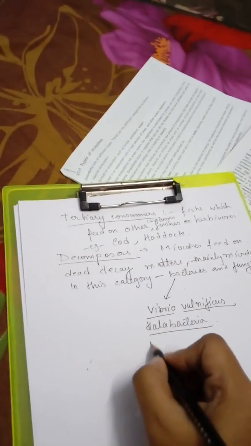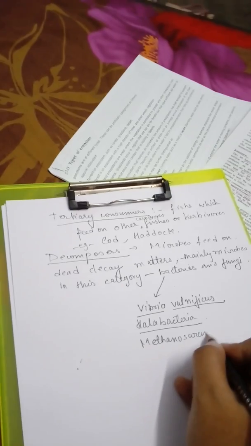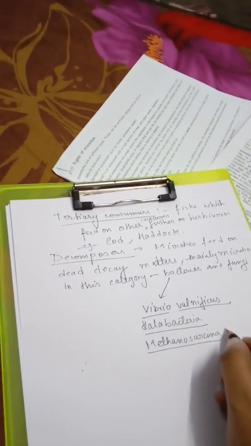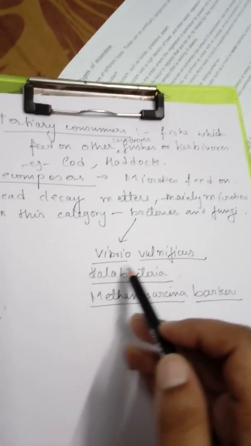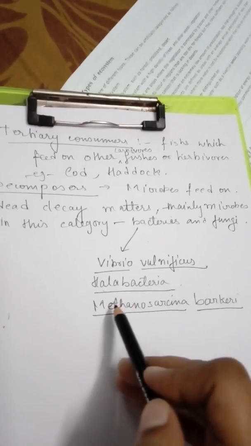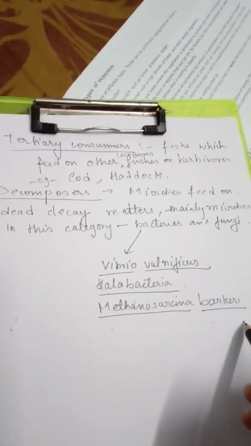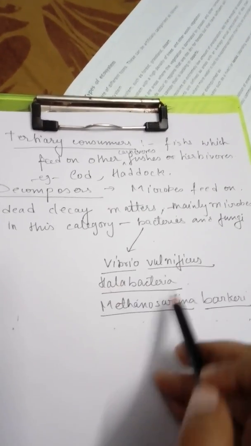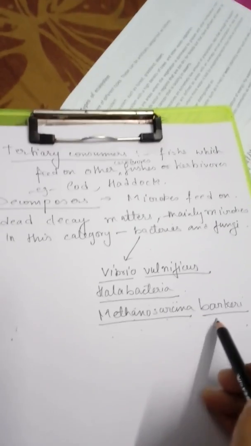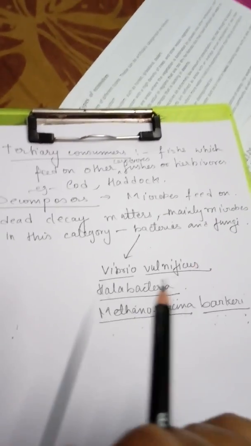There is one more, Methanosarcina barkeri. So three examples, you have to memorize them: Vibrio vulnificus, Halobacteria, Methanosarcina barkeri. These are the three examples of bacteria.